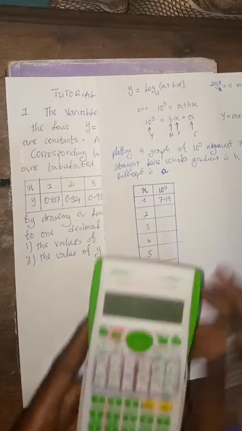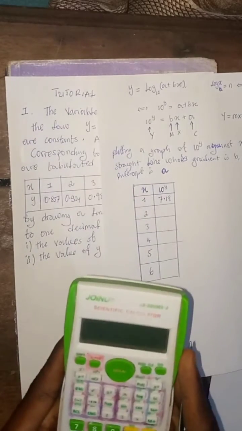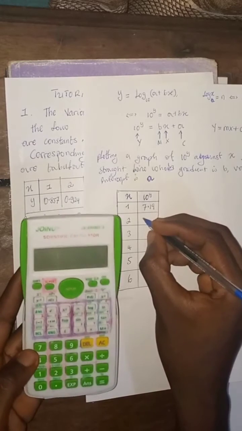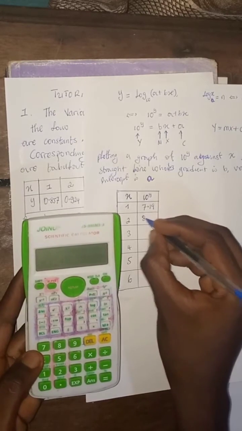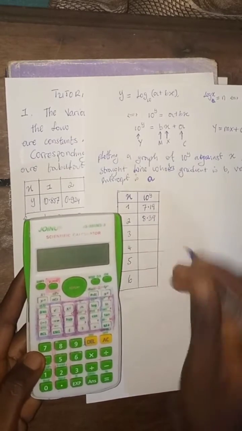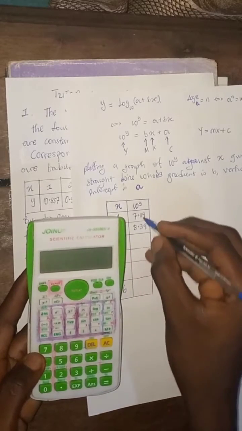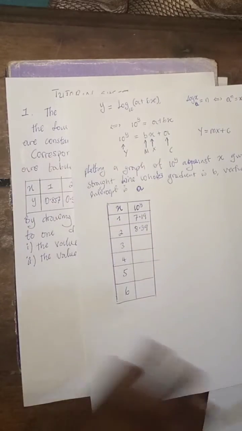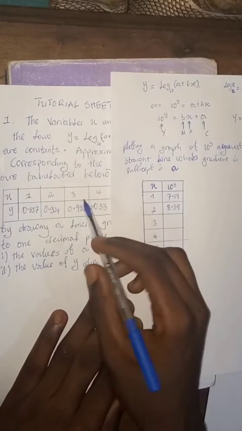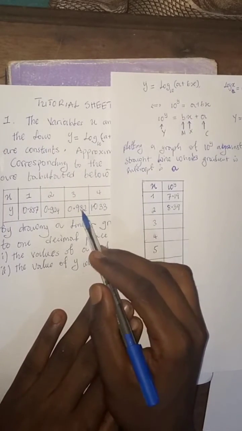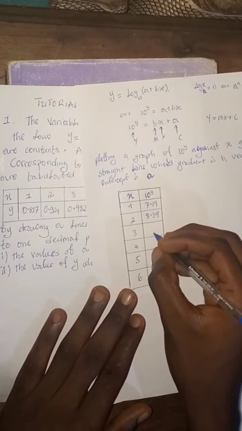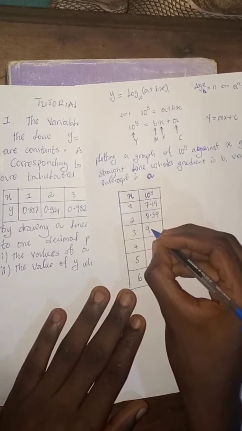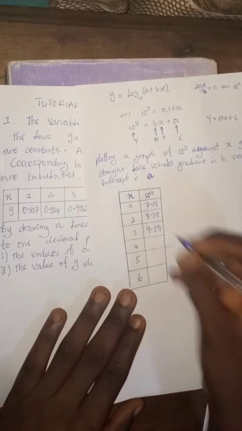I'll do the same thing for the other one. 10 raised to the power 0.924 gives me 8.39, to two decimal places. Now I continue the list like that. I take 10 raised to the power 0.982. It's going to give me 9.59.